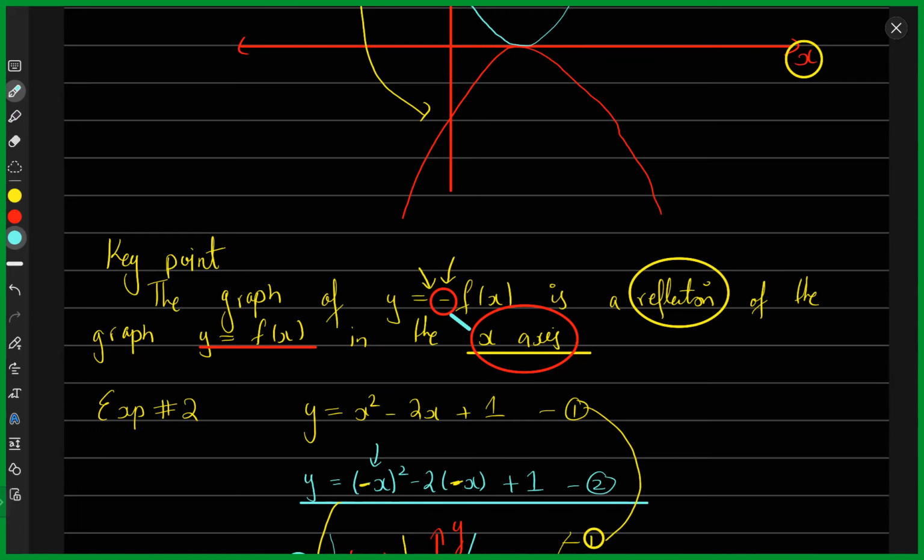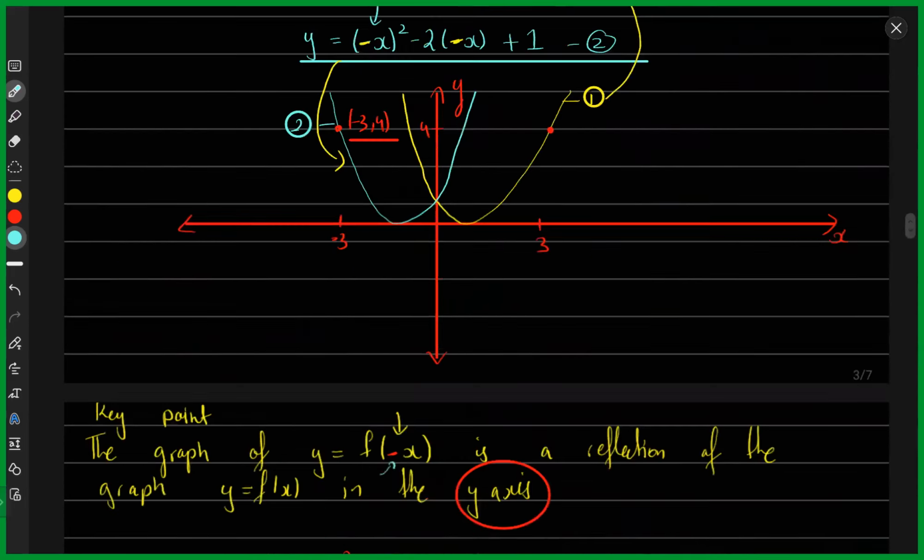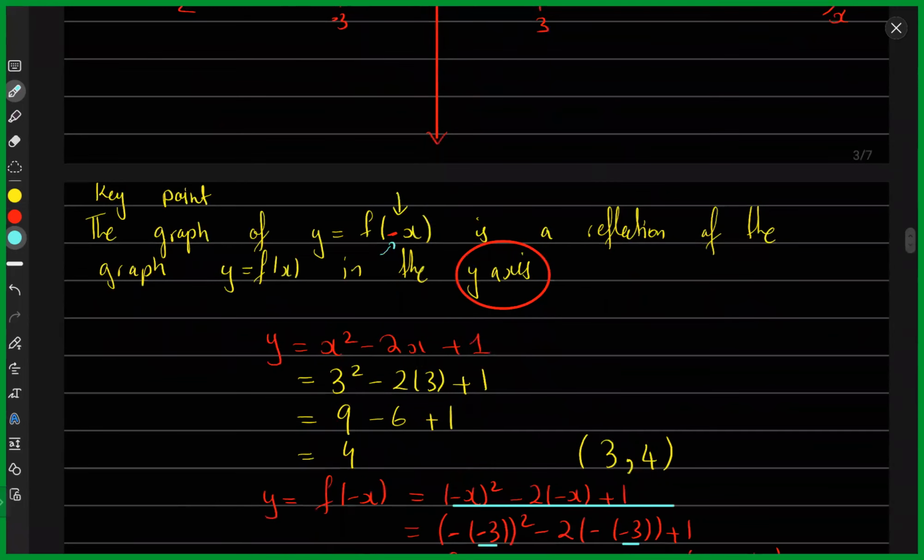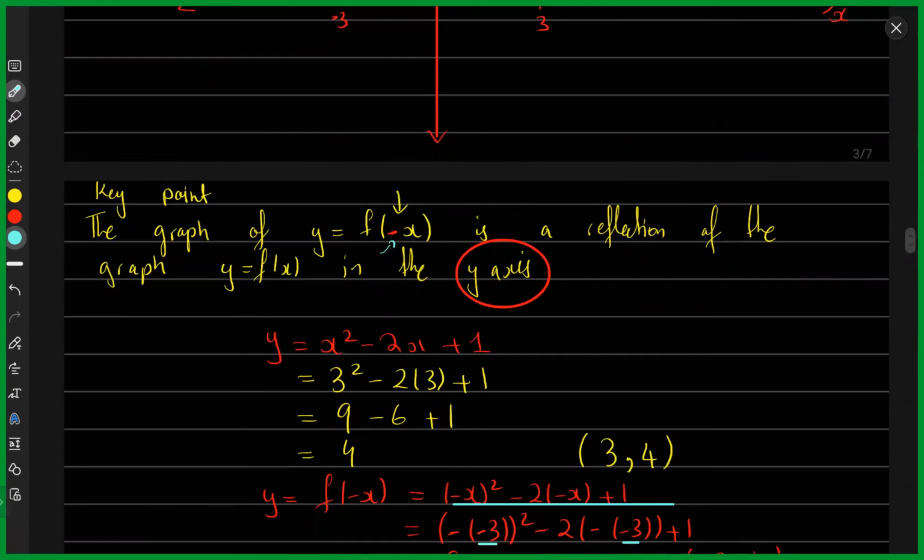Okay, if through graph you guys were able to observe that the reflection was along x-axis, this minus is not going to come with x. This minus is going to come with the function. All right, then the next one was the graph of y equals f of minus x is a reflection of the graph of y equals f of x in the y-axis.